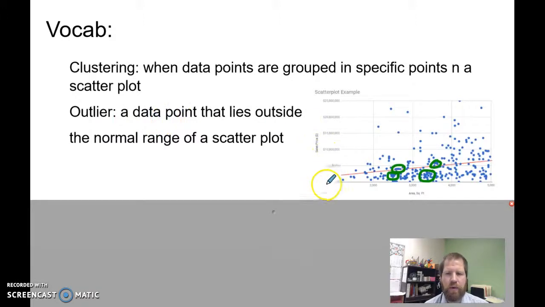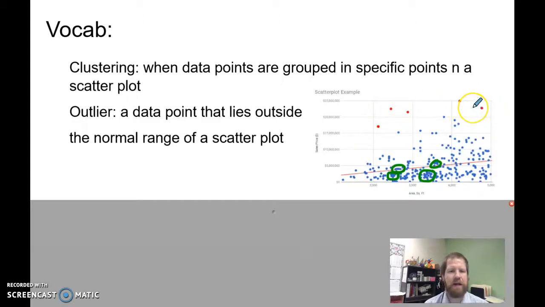So that's a data point that is outside of the normal range. So we have most of our points in here kind of by our trend line, right? And we've kind of got a scattering up here, but I would say our outliers, this is an outlier, that's an outlier, that's an outlier, that's an outlier, maybe this guy, these ones that are pretty far outside of the normal range, okay?